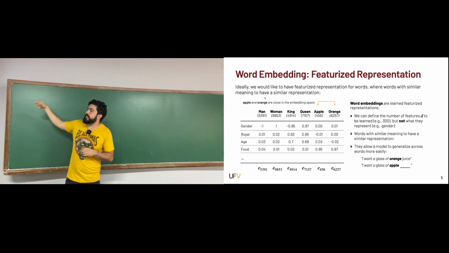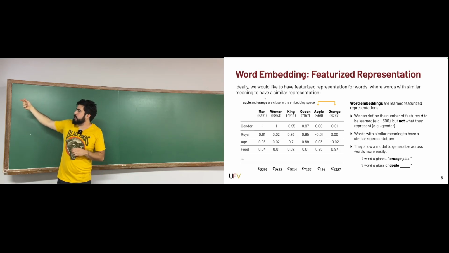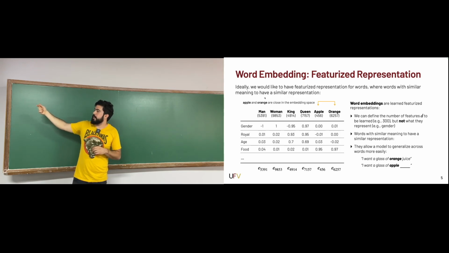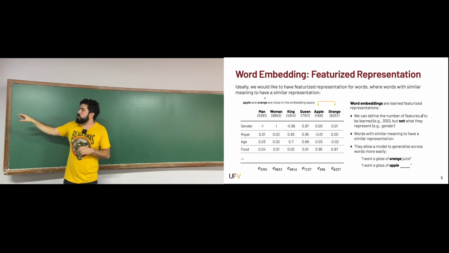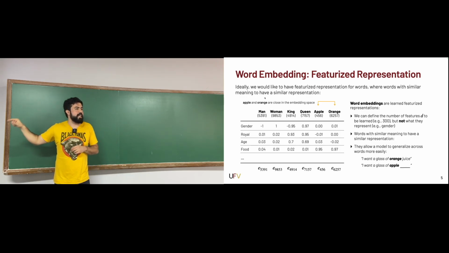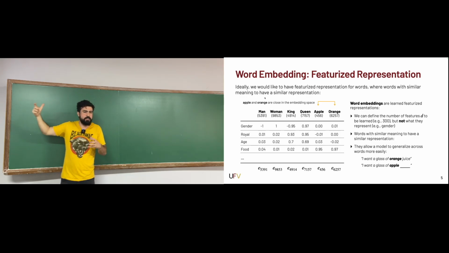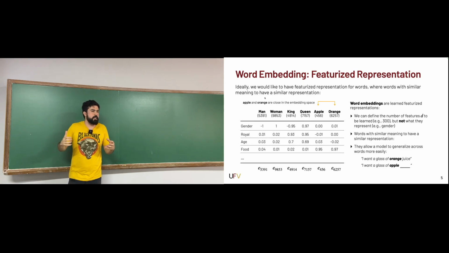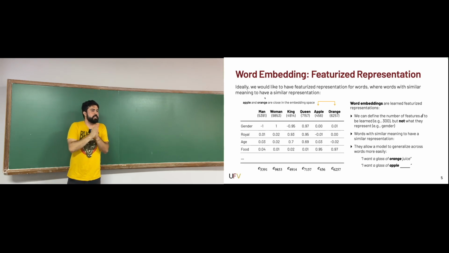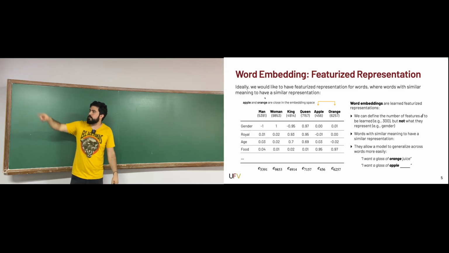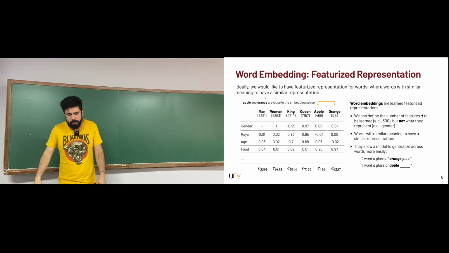If my model had seen the sentence before, I want a glass of orange juice, then it would much more easily be able to predict that the word there is juice, because it had seen a very similar sentence before, and it knows it's similar because the vectors for orange and apple are very close to each other. So it will be much easier for the language model to guess the word juice because of the embedding of these two words, okay? Does it make sense what I'm saying?